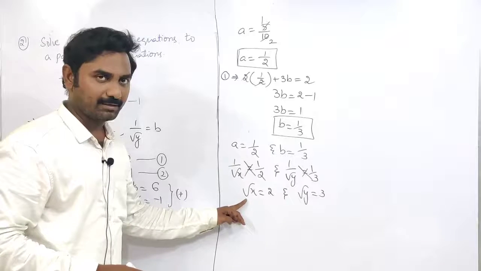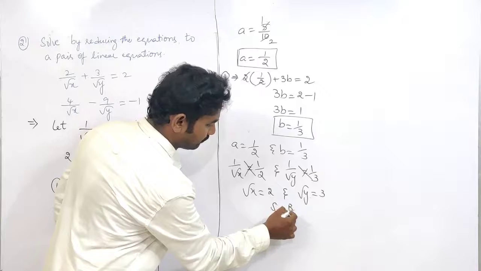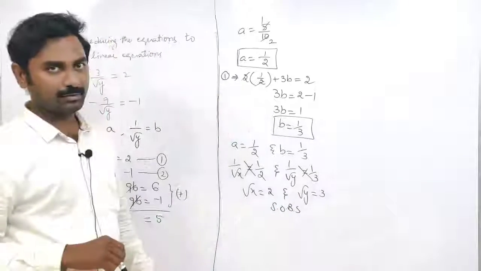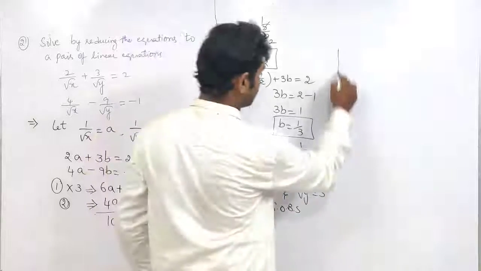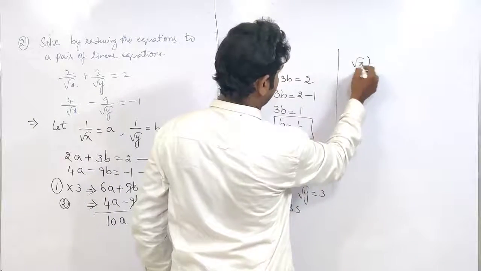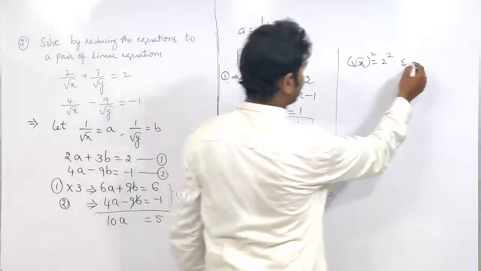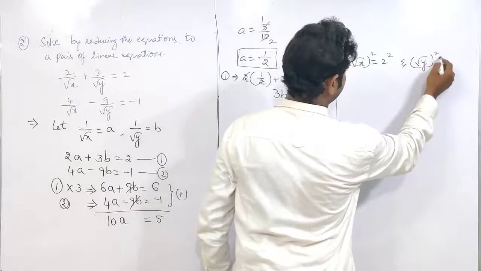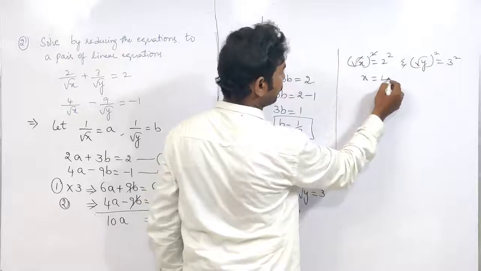So here root x is there. What I need to do is square on both sides. For removing the square root, I am squaring both sides. Root x whole square is equal to 2 square, and root y whole square is equal to 3 square. The square root gets cancelled, x is equal to 4.